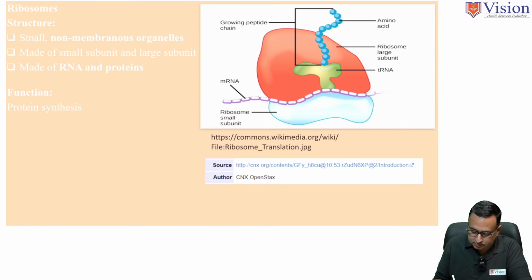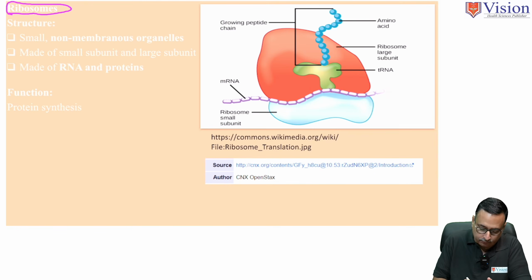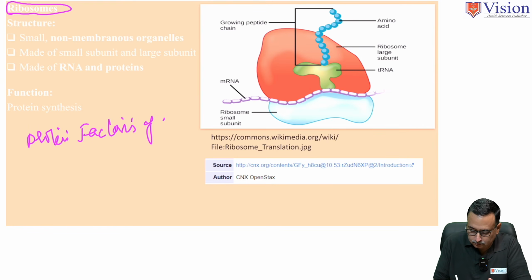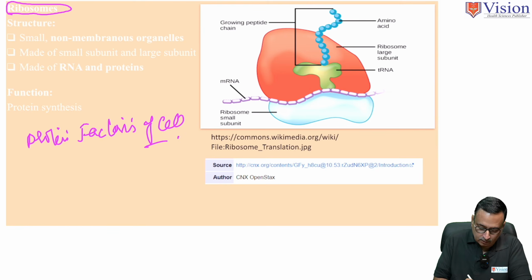So another cytoplasmic organelle are the ribosomes. Ribosomes are called the protein factories of the cell. Ribosome is the only cytoplasmic organelle which is without cell membrane.